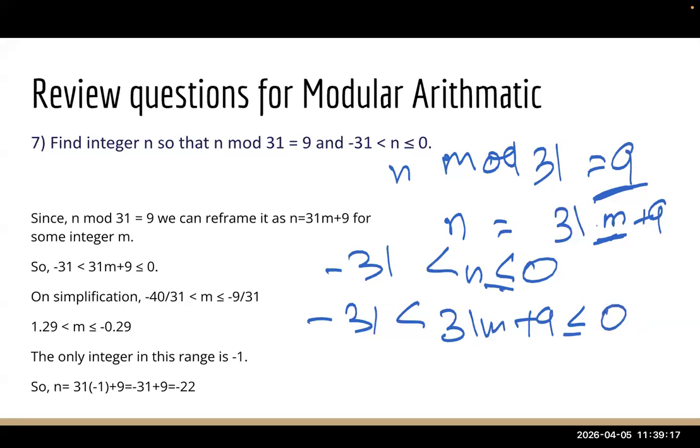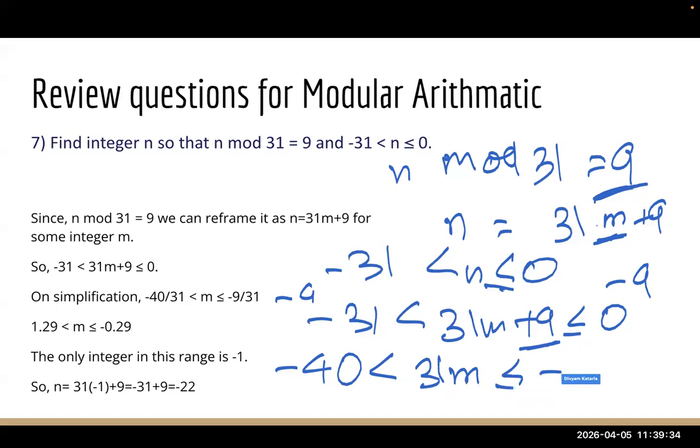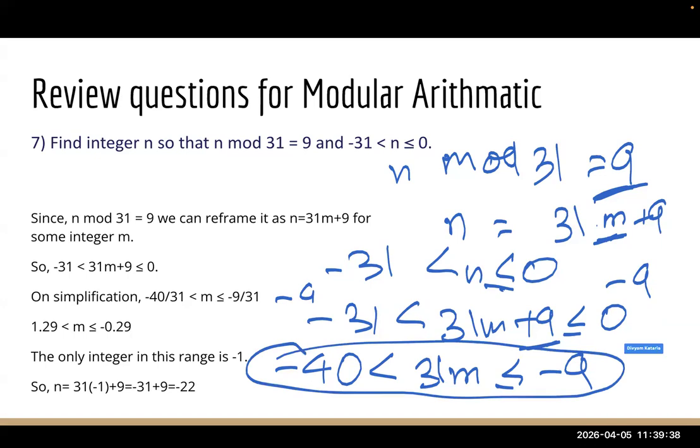So let's start simplifying this. We'll first get rid of the 9, so we'll subtract 9 from both sides. We get negative 40 is less than 31m, which is less than or equal to negative 9. So I'm just going to mark this equation and rewrite it.